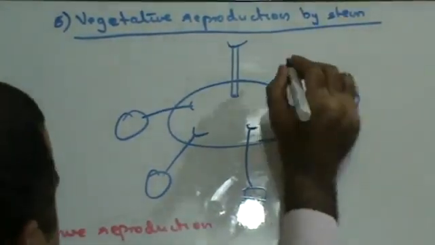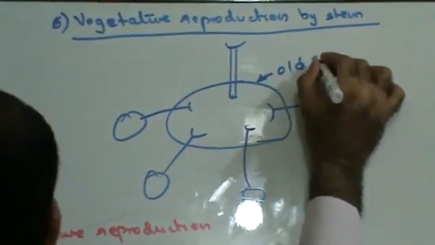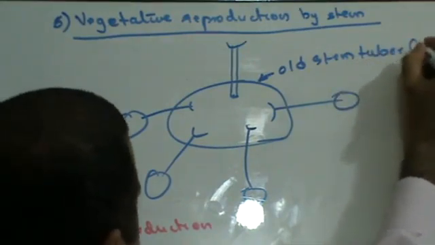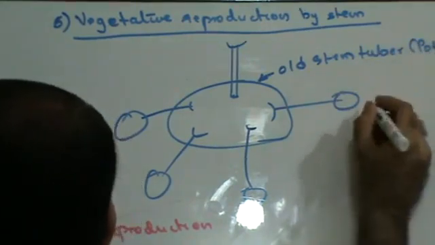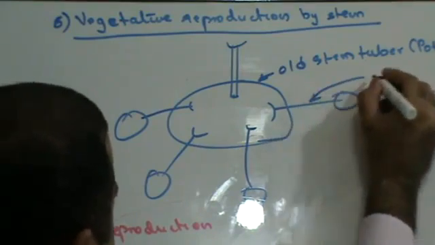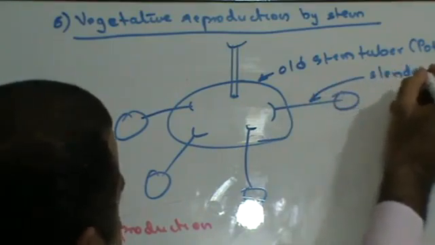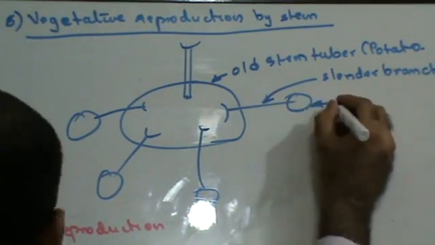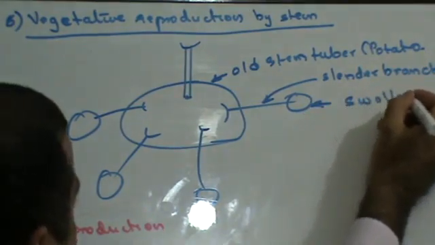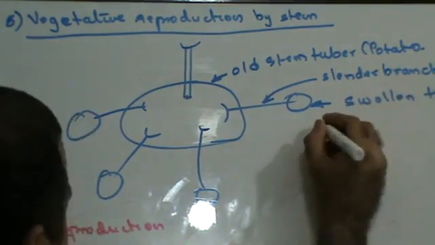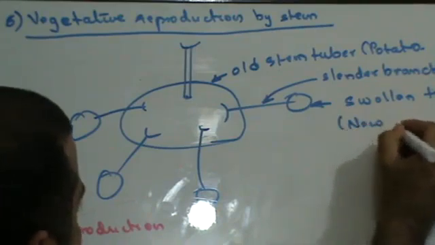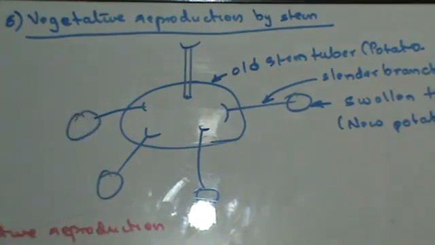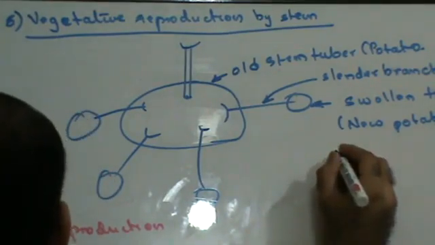This is your old stem tuber. That's your potato. These are the slender branches. These are the swollen tips. That's your new potatoes. New potatoes, or we could also call them the new stem tubers.